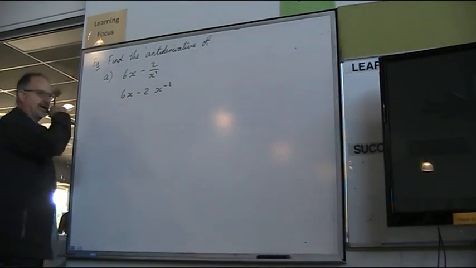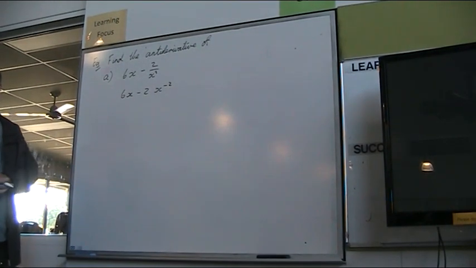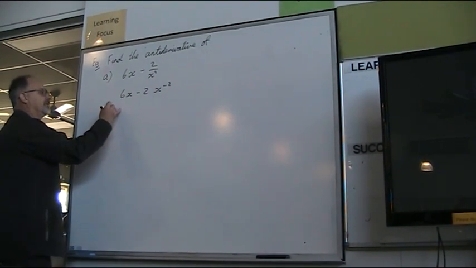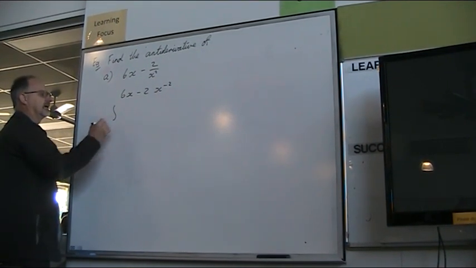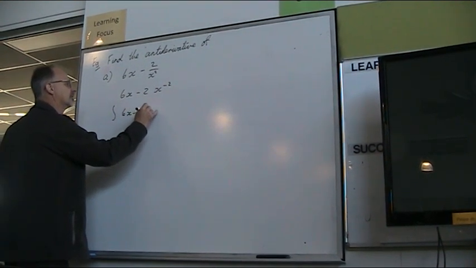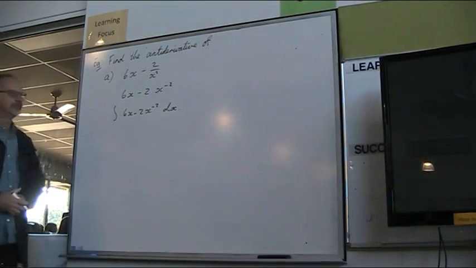And work from there. And the same if we've got roots, we'll rewrite the roots as index form. Alright, so we want to find the antiderivative, so mathematical way of writing that, integral sign, 6x minus 2x to the minus 2 with respect to x.